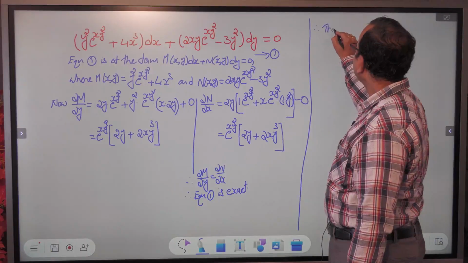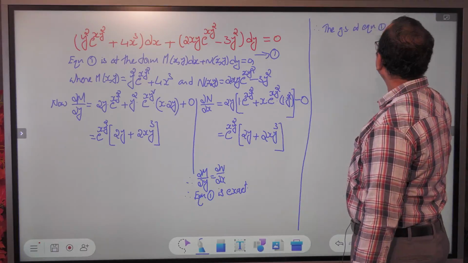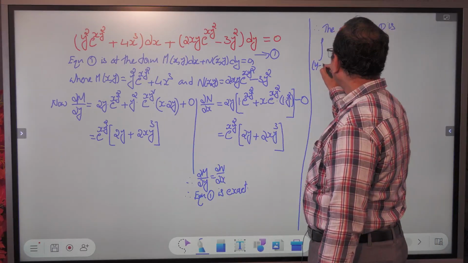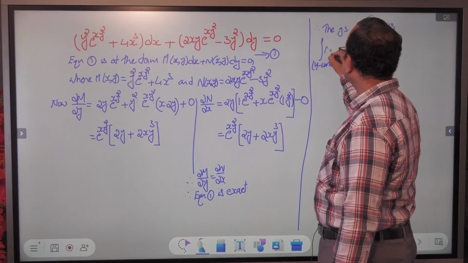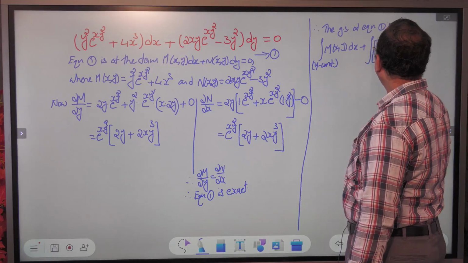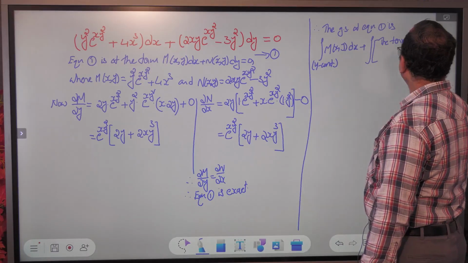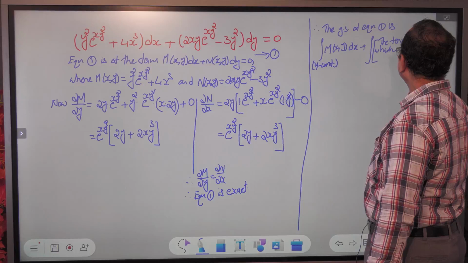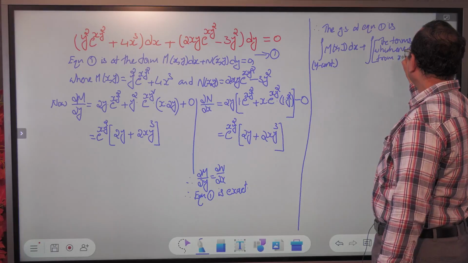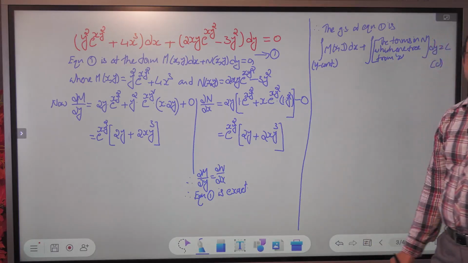Therefore the general solution of equation 1 is given as follows. We know the formula: integral, treating y as a constant, of M dx, plus the integral of the terms in N which are free from x, into dy, is equal to c, where c is an arbitrary constant.